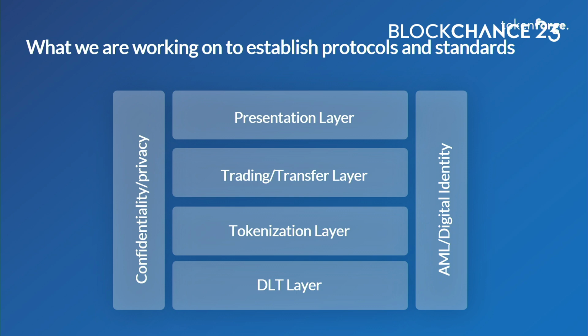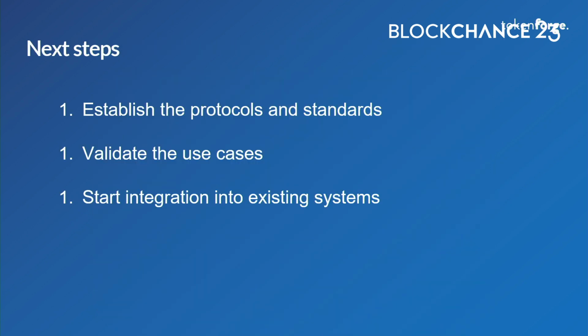We have the tokenization layer, the smart contract. We have the trading and transfer layer, and AML and confidentiality have to be considered in all of these layers. So next steps. We are right now working on establishing a standard in an association, for example, of the German registrars.